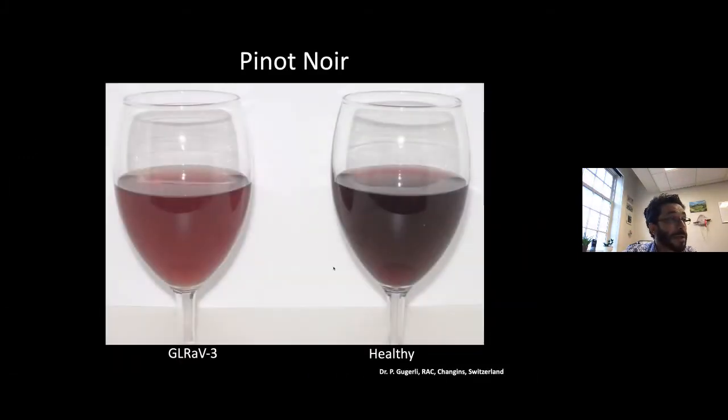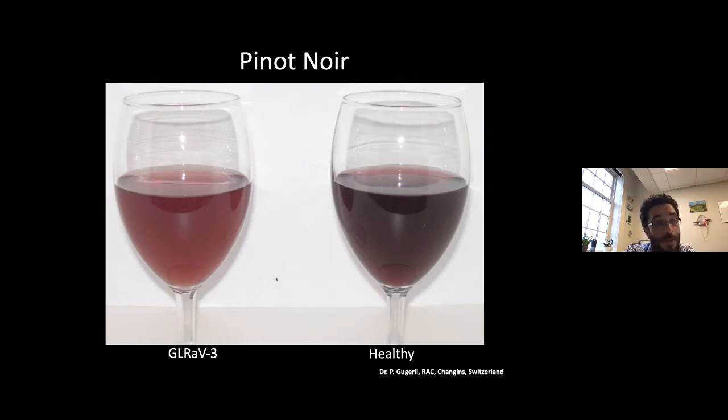I absolutely like this picture because it shows a very dramatic change in the quality of the wine. This is wine made from healthy grapes, and this is wine from grapes that are infected with GLRaV-3, or leaf roll 3. You can clearly see that those infected by the virus have a very light color.